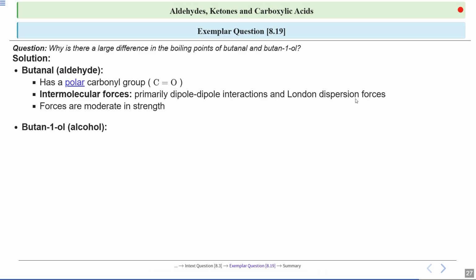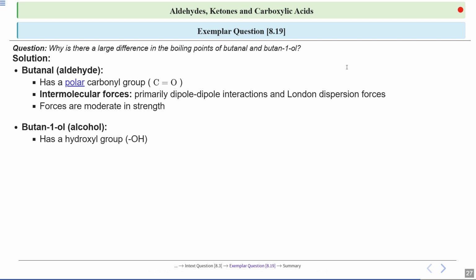1-ol. Now if I talk about butane 1-ol, which is an alcohol, so alcohol has a hydroxyl group. The hydroxyl group, OH, in butane 1-ol is responsible for the hydrogen bonding.